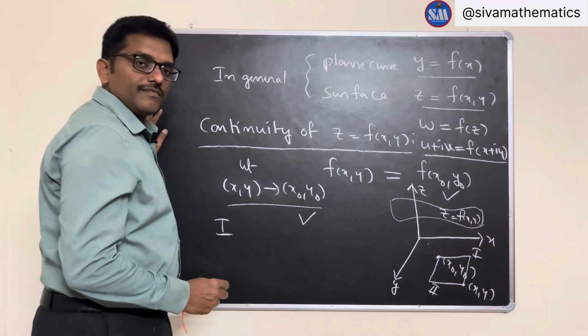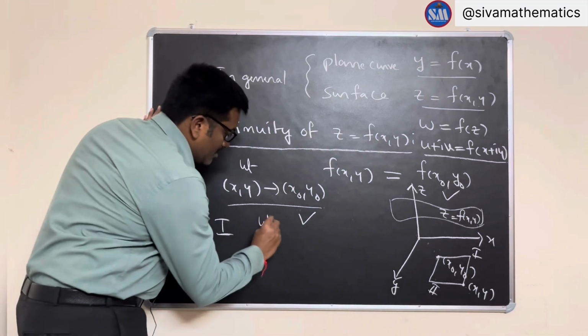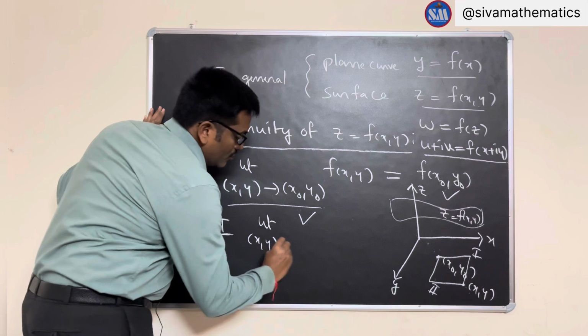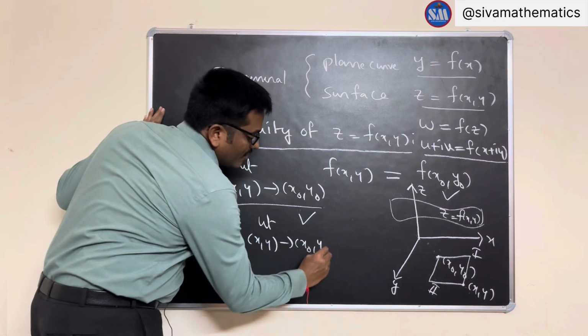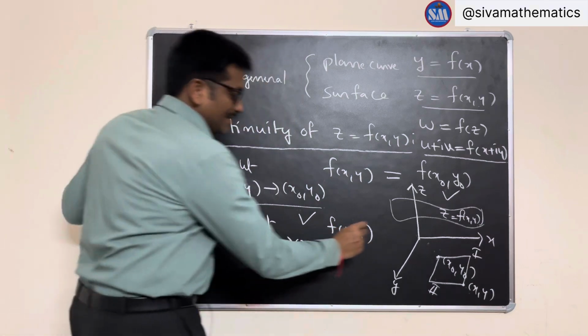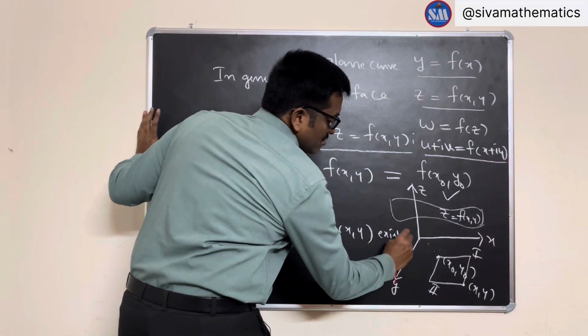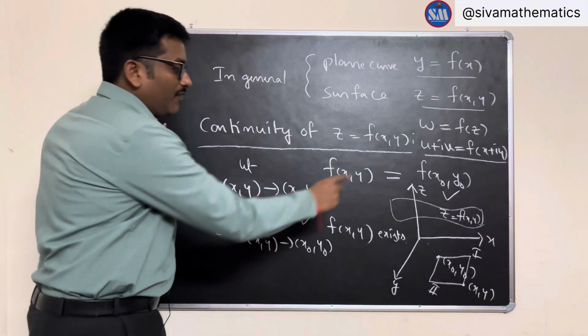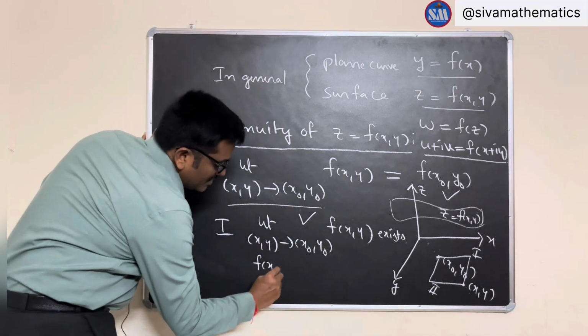First case: limit as x comma y tends to x naught comma y naught of f of x comma y exists, and f of x naught comma y naught exists.